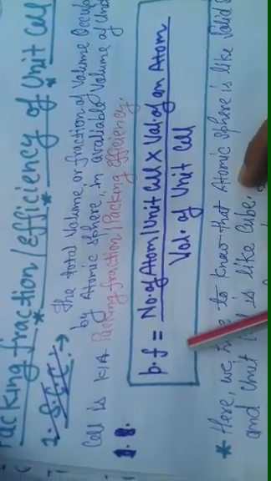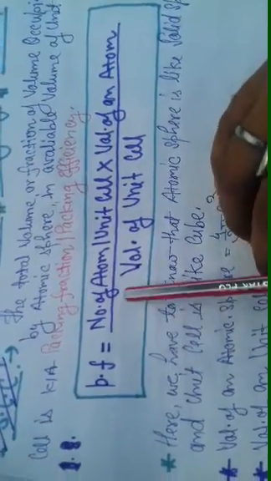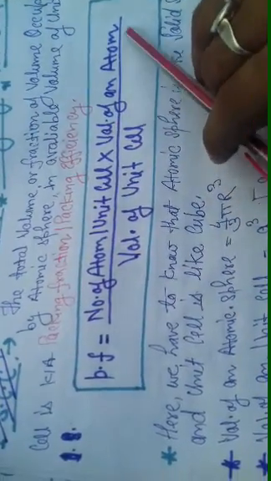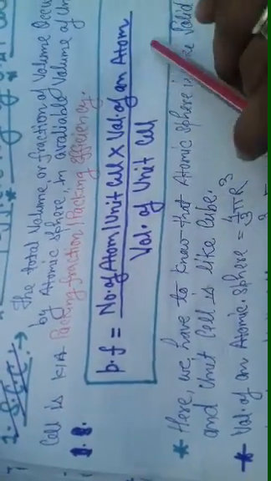We focus on the formula: the number of atoms per unit cell, this Z value I have already told you, and the volume of an atom divided by the volume of a unit cell. Here we consider the atomic sphere as a solid sphere and the unit cell as a cube.